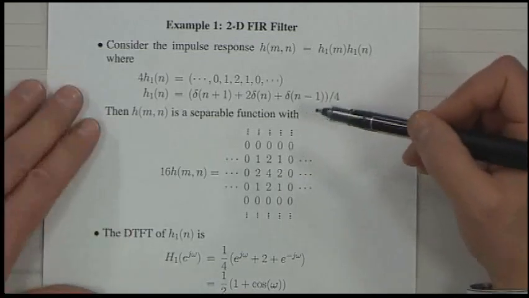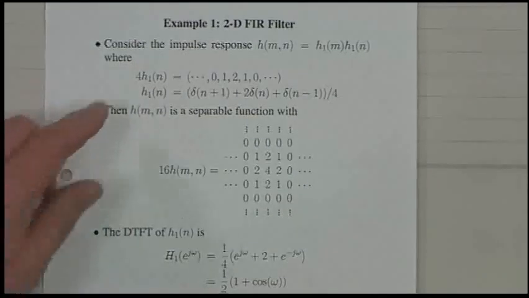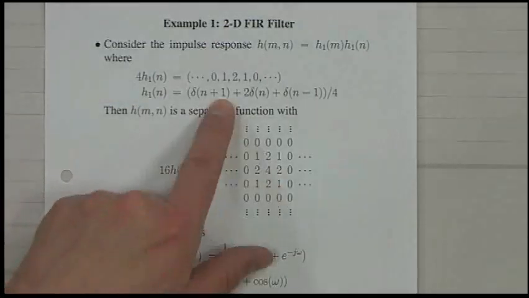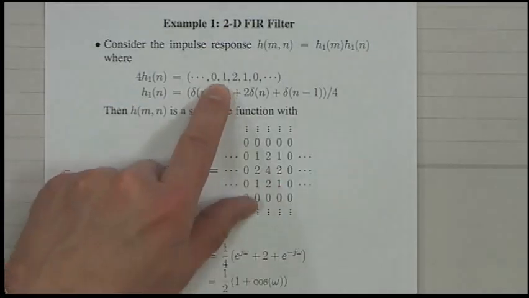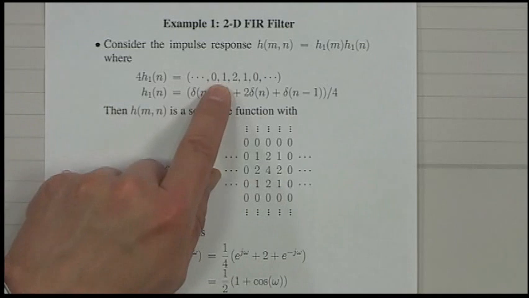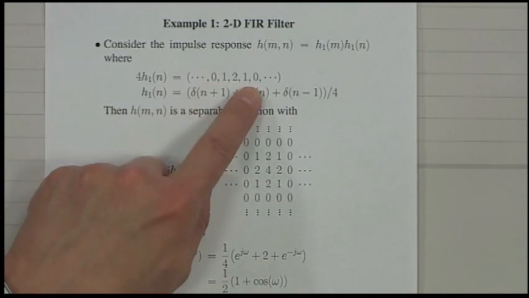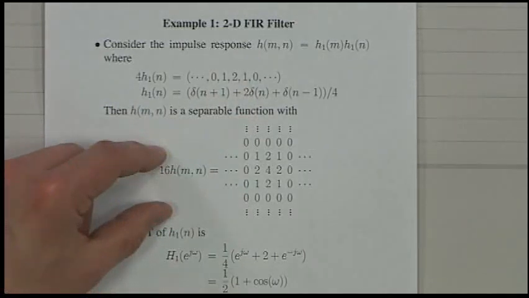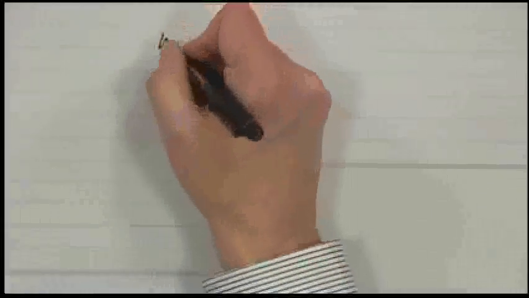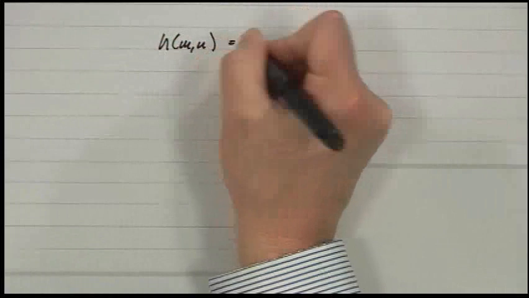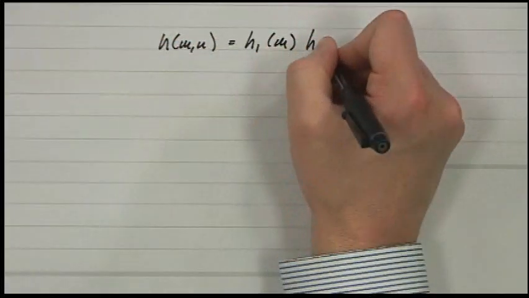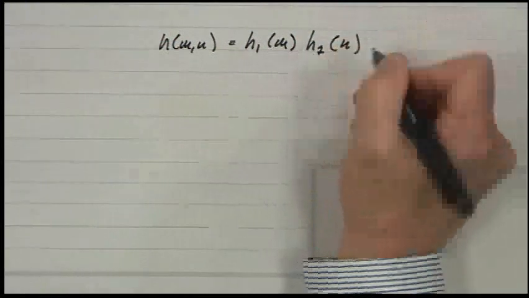But here it's just an example: this is a separable filter because it's the product of two filters. If you take the 1D filter which has impulse response 1, 2, 1, and you make h of m,n equal to h1 of m times h1 of n, then that's a separable filter.